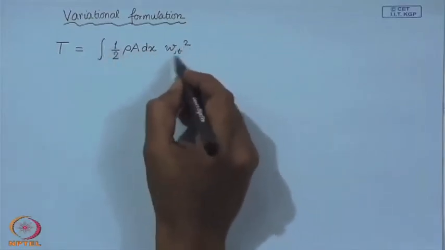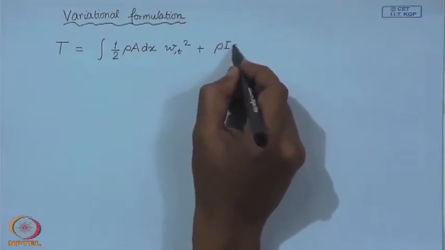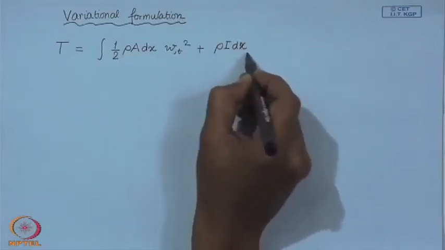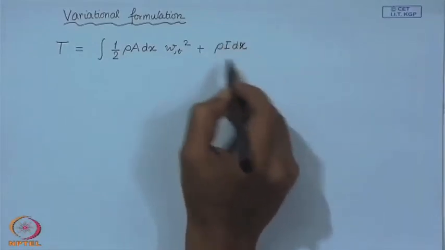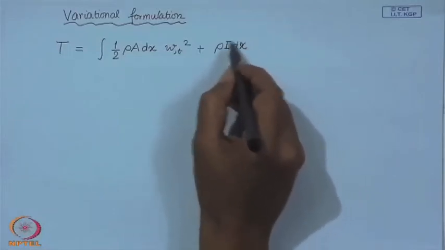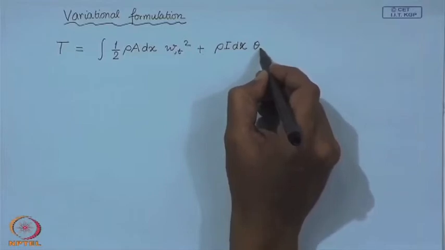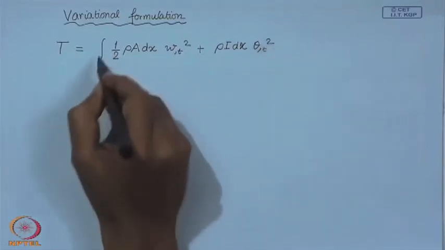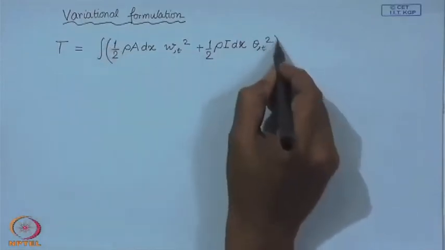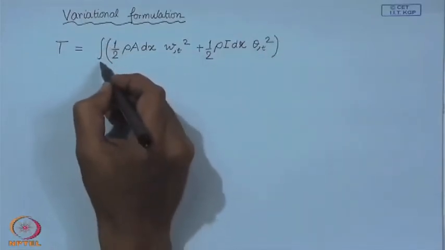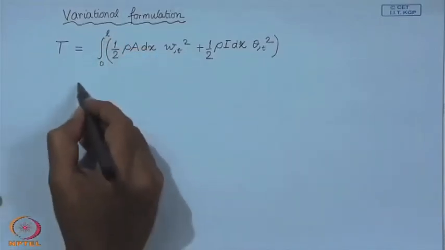So, that is the translational kinetic energy plus, so this gives us the moment of inertia of the little element times the angular velocity square and half, and this when integrated over the length of the beam will give us the total kinetic energy.